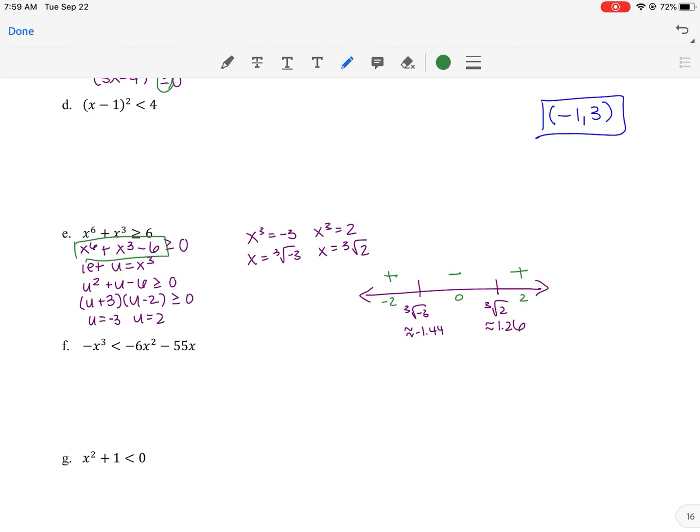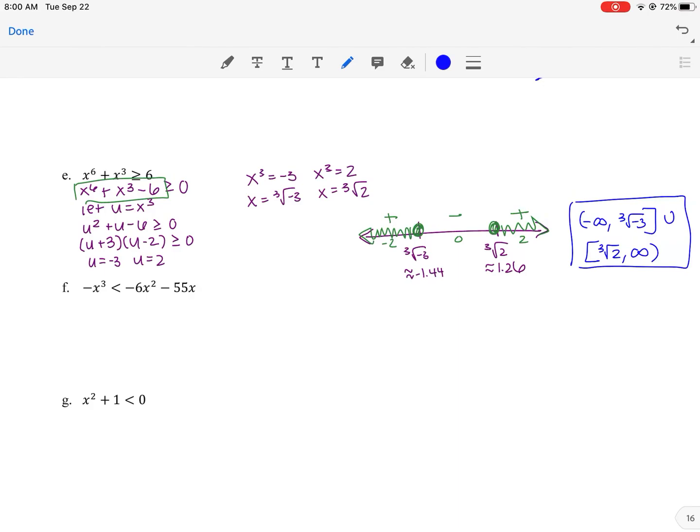In this case, since we do want the positive intervals, we're going to take the 2 outsides. Since it is equal to, we are going to have closed circles there. Okay, so this interval ends up being, hey, from negative infinity to the cube root of negative 3. We are including it, so bracket, union the cube root of 2 to infinity.